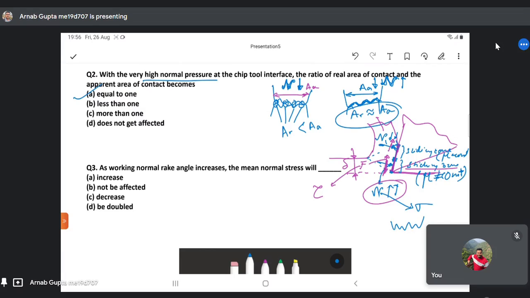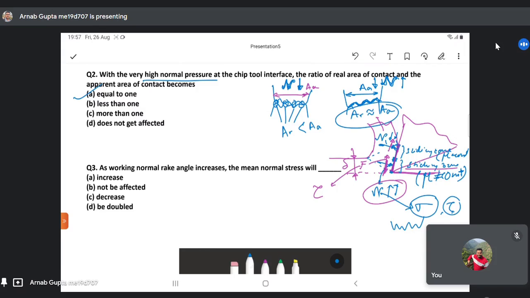So if we consider the tool and we are coating it with a particular material to improve its wear characteristics, then we are improving this shear stress and the normal stress of that surface and not the bulk material.